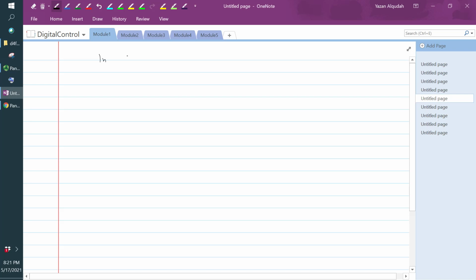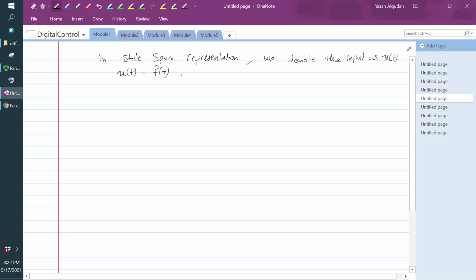So in state space representation, we denote the input as u of t. So in this case, u of t is equal to the force that we applied, F of t.